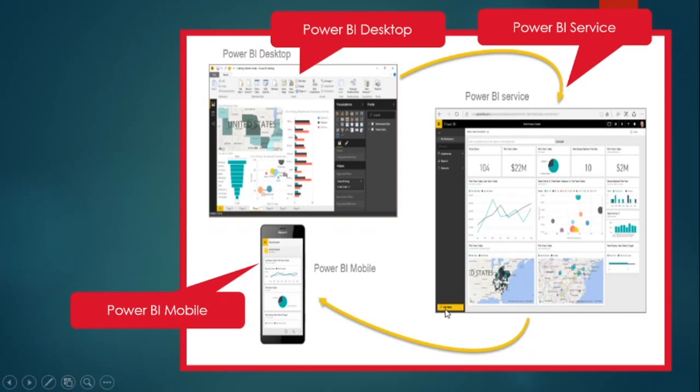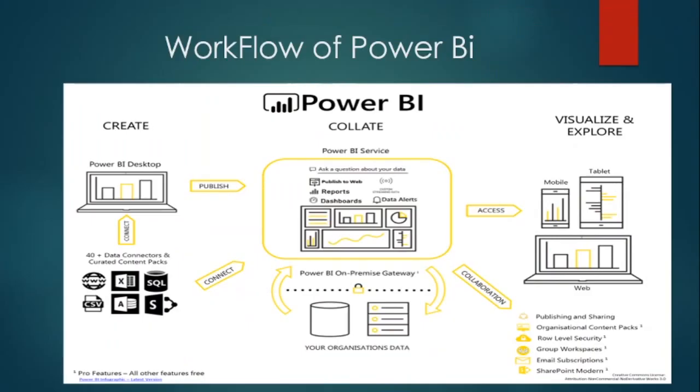Once you click on get data, it will ask for the data from systems. Once you click on that, you will be able to upload that file or data set in Power BI services. So this is the basic workflow of Power BI.